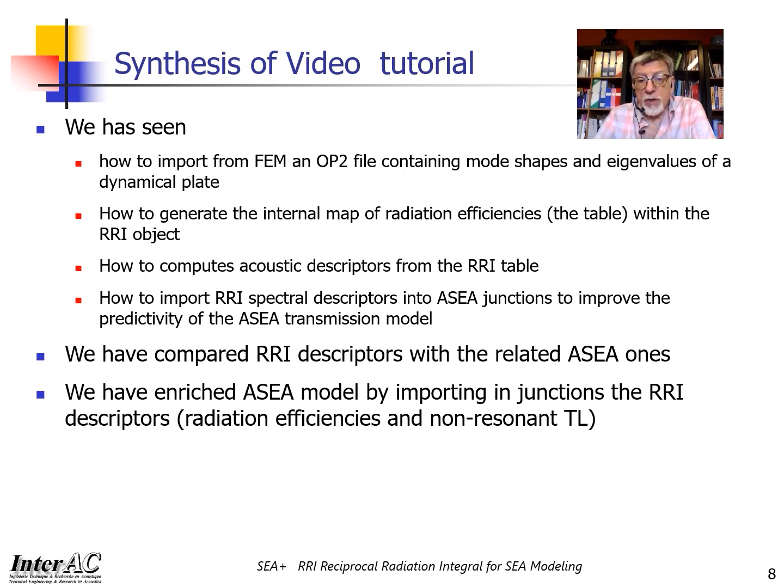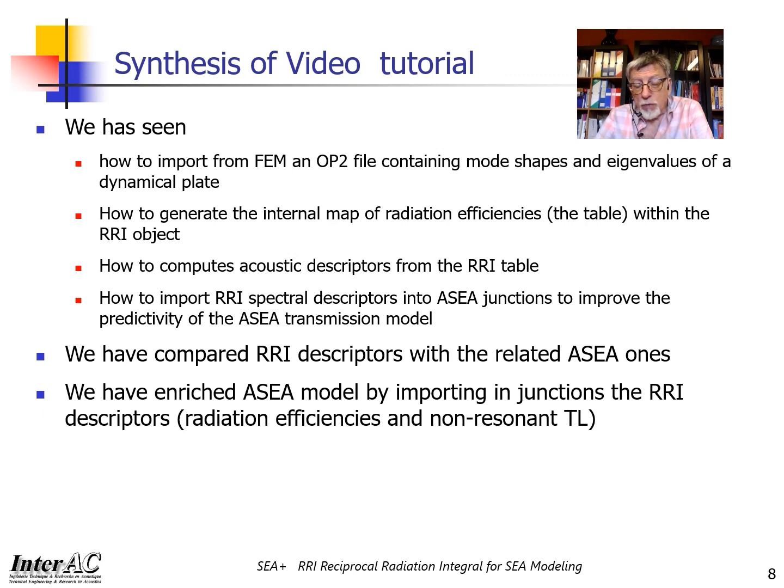Post-processing of a given damping spectrum and user-defined band from the RRI can be performed, and we get different descriptors such as the total TL, the resonant and the non-resonant one. As well, V square total mean including the non-resonant velocity, and the resonant only, meaning only modes in the band are taken into account.